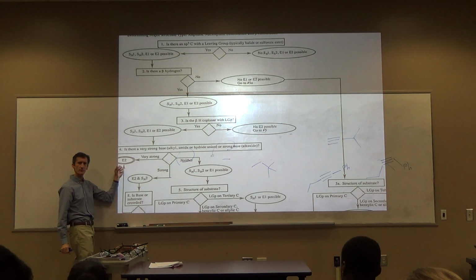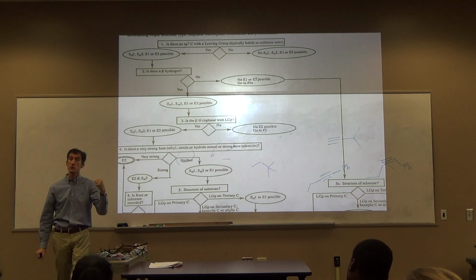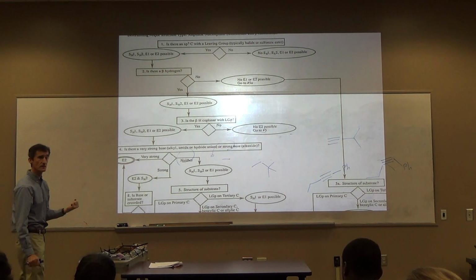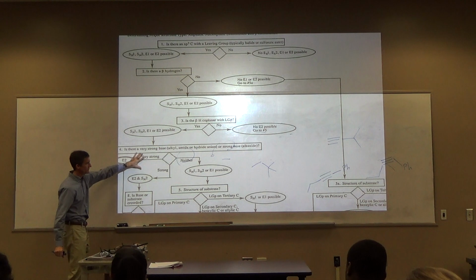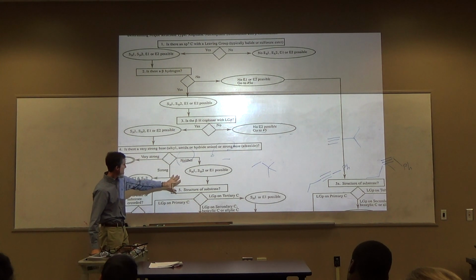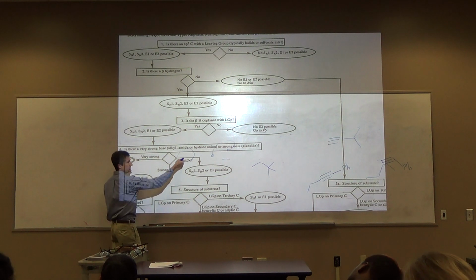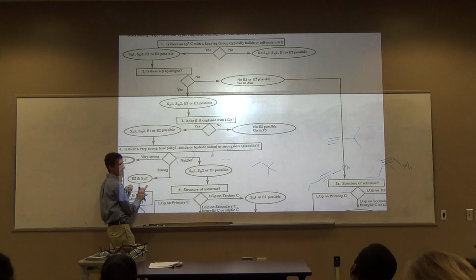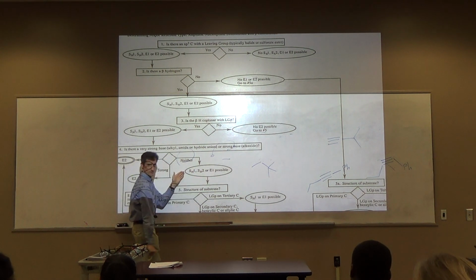We kind of said that. Didn't we say bases prefer elimination? Nucleophiles prefer substitution? I didn't really use very strong terminology. Neither. What if your base is not strong? What does that rule out? It rules out E2. See how E2 is gone?